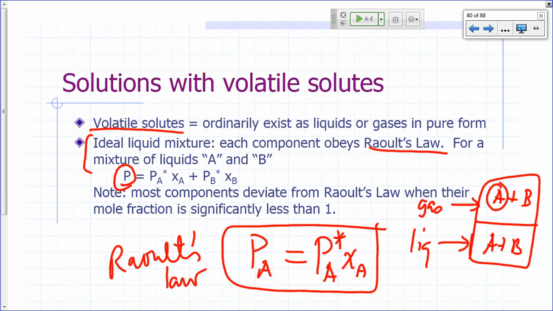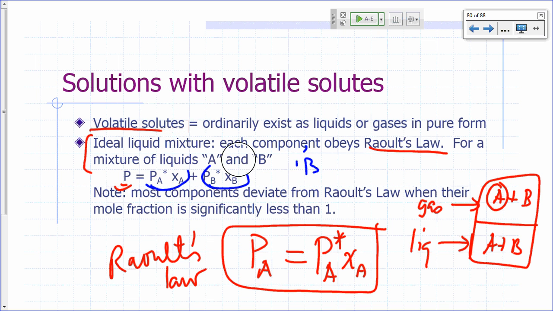So the total pressure above your liquid, in equilibrium with your liquid, is just the partial pressure of A plus the partial pressure of B. P star B times X of B is the partial pressure of B, and P star A times the mole fraction of A is the partial pressure of A. That's what we would expect for an ideal solution, an ideal mixture of two liquids where both components obey Raoult's law.